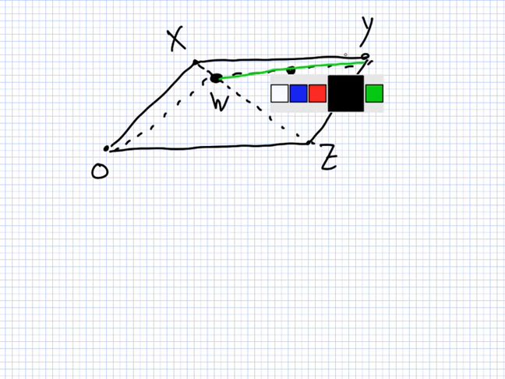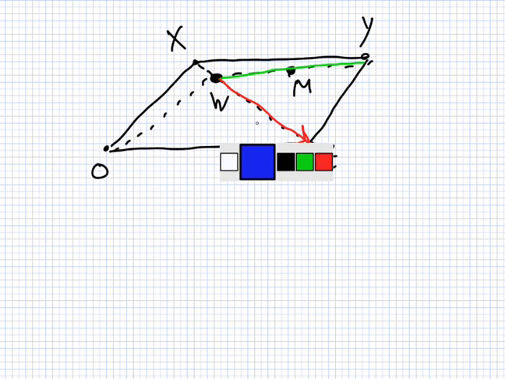Yes, M is the middle. And I also tell you that WZ is 5 times XW. So I tell you that this vector here is 5 times this vector here, XW. So you know that this is 5 times of that one there.